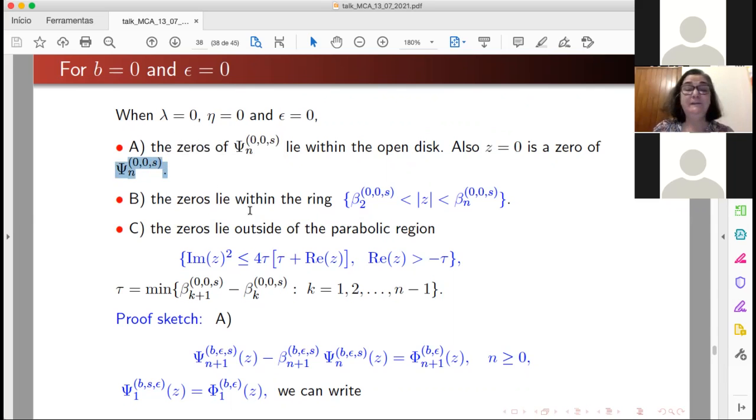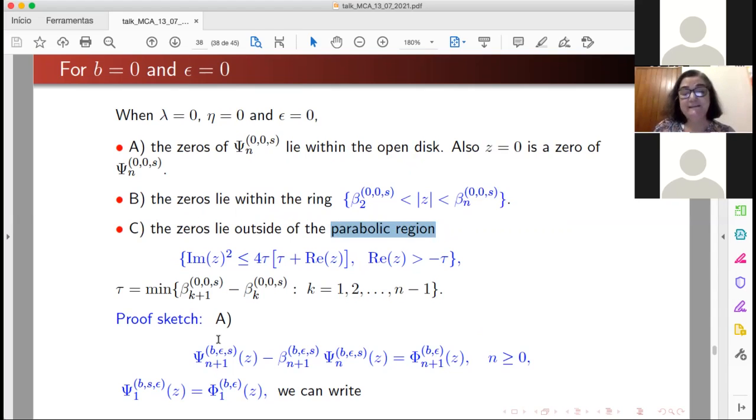And using some results I will show later, we managed to prove that the zeros of these polynomials lie in a ring that can be written in this way. Also, using a work of Saff and Varga, we can find the parabolic zero-free region: a parabolic region such that all the zeros are outside of it.